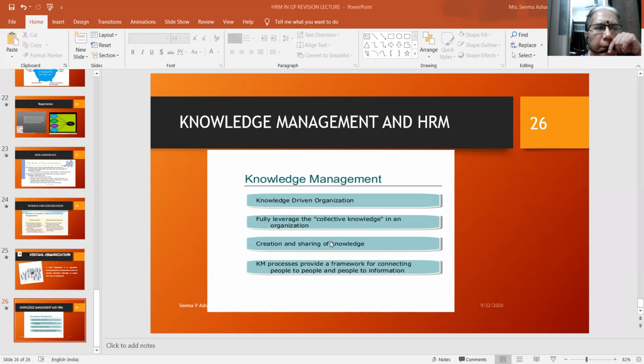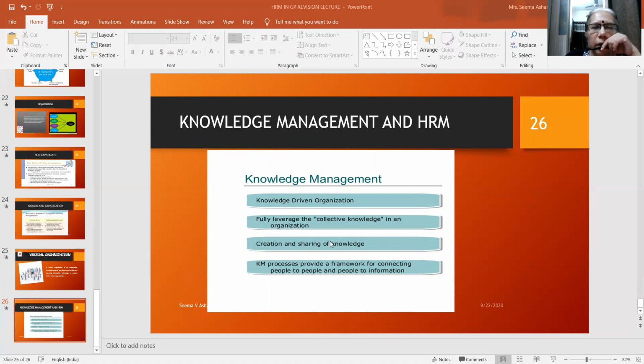And the last topic of the syllabus, knowledge management and HRM. Since we have a number of different employees of different countries, of different cultures working together, we can pool the knowledge together. So as an HR manager, we need to pool these resources together and have a knowledge driven organization.